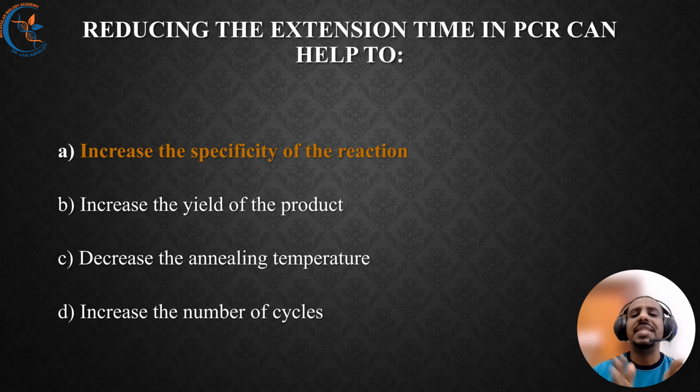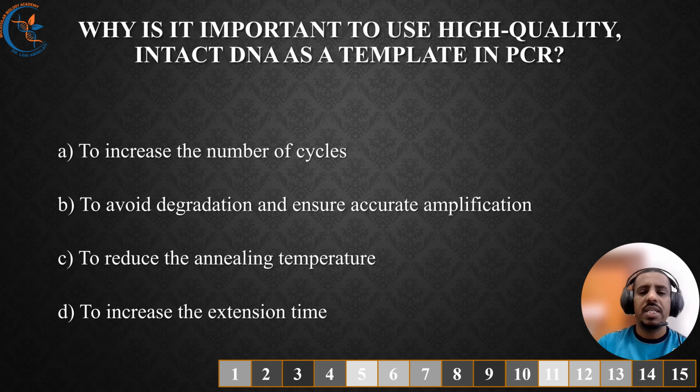Or the correct answer is increase the specificity of the reaction. Actually, shorter extension times can help reduce non-specific amplification, thereby increasing the specificity of PCR reaction. All right? Okay, next question.